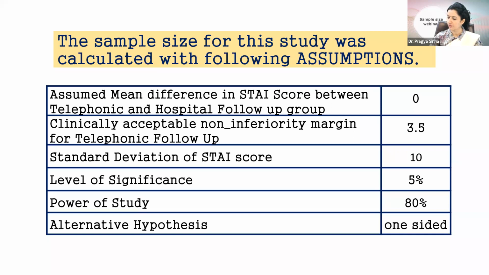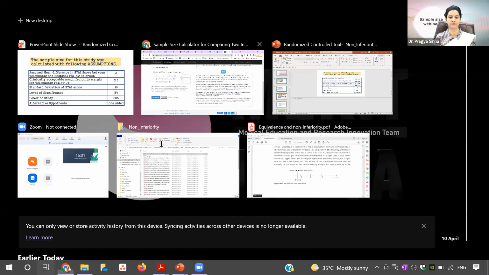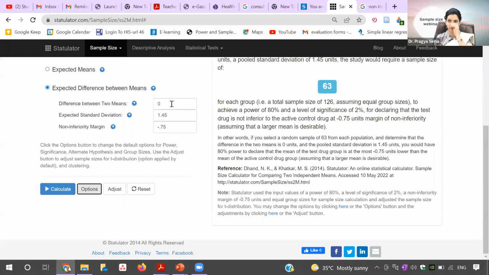So 3.5, 10, 5% and 80. So let's see. And attrition, they have not, I think, maybe non-response. Let me check this first. So 3.5, and this expected deviation was 10, and the non-inferiority margin was 3.5.